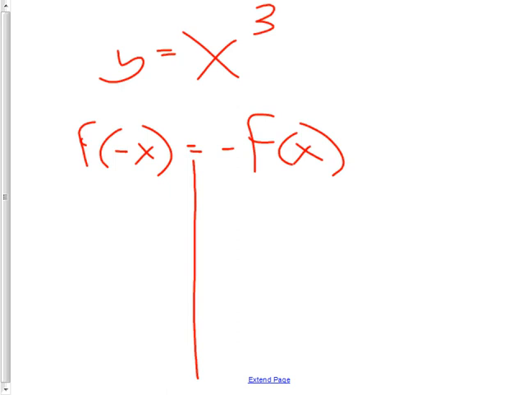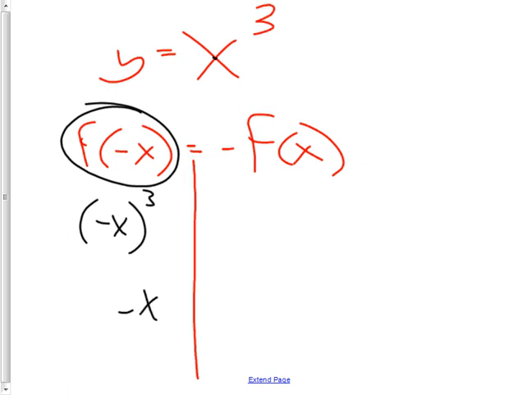Okay, now I'm going to figure out what f of negative x is. Remember, take this, write it with an empty spot, cube. And what do I drop in there? Negative x. And then I figure out what it is. We did this one before. Negative x times negative x times negative x would be negative x what? Okay. And then over here, I take the normal function as it's normally written, x cubed, and then I just throw a negative in front of it.